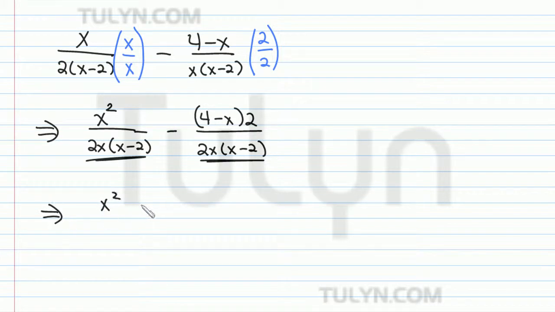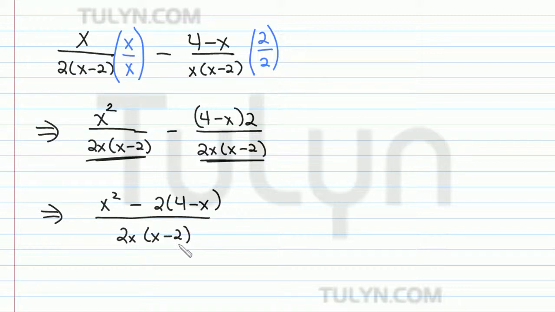So we get x squared minus 2 times (4 minus x) over 2x(x minus 2). And now that we've combined them, we should simplify. So the first thing I want to do is distribute this negative 2 value into the difference.